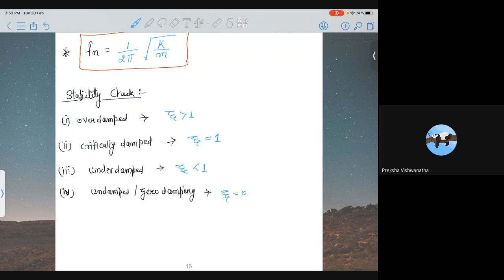So for the critically damped system, usually the response is like this. After some time, it will settle.